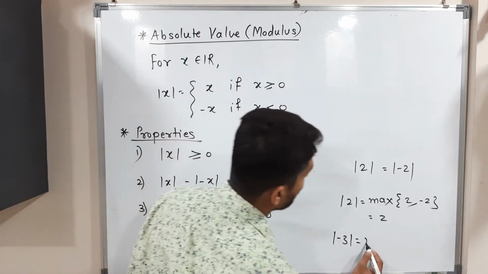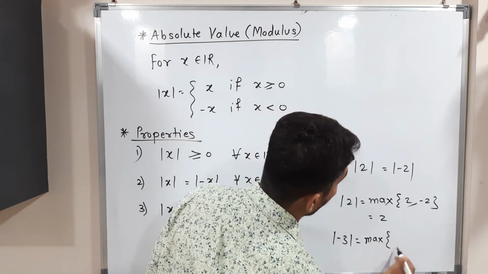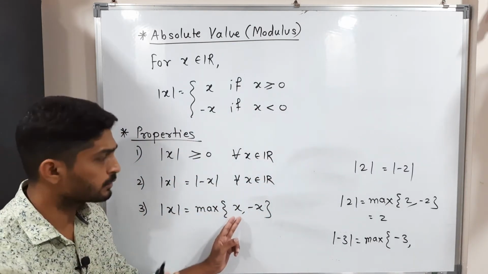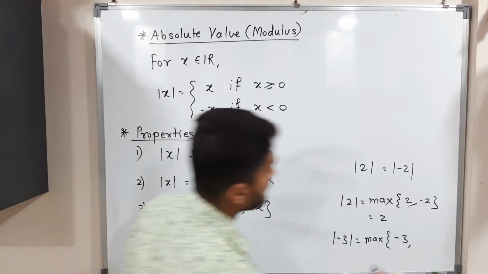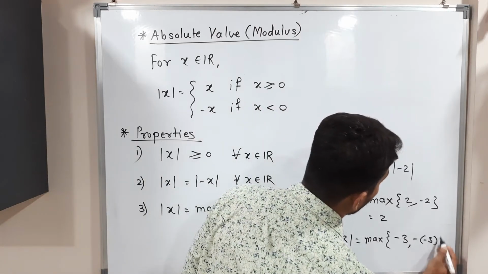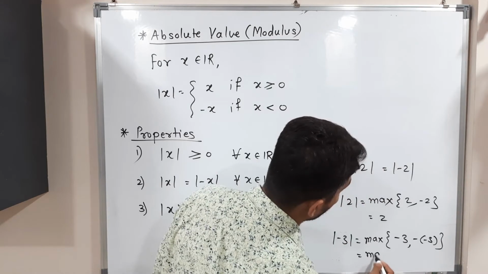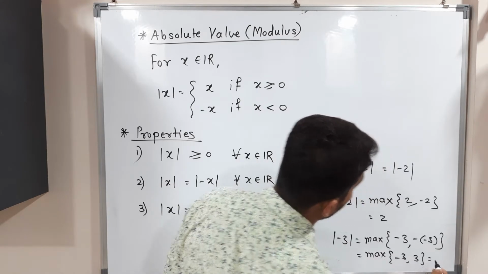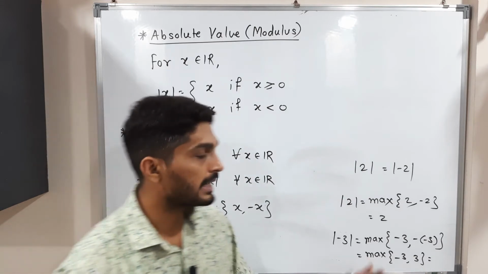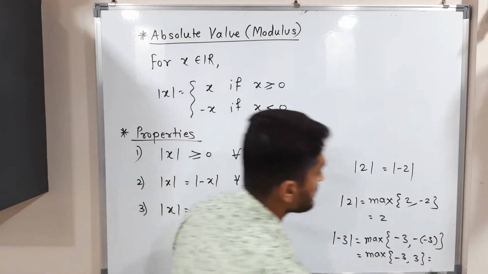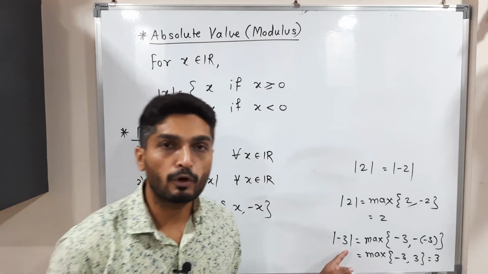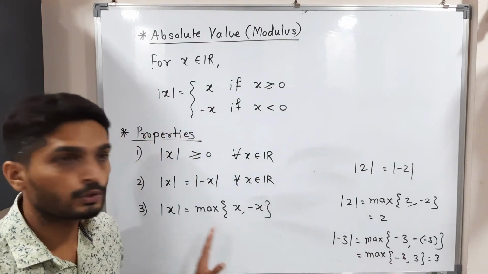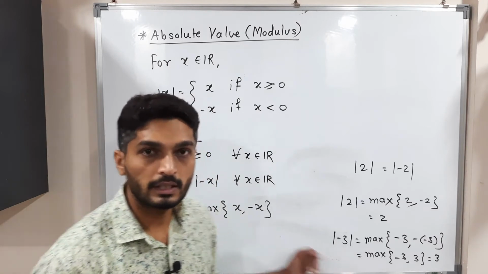Maximum of minus 3, whatever the x is we write it there, and minus x, that means minus of minus 3. Minus minus plus, so you will have maximum of minus 3 and 3, which is obviously 3. So we are getting mod of minus 3 is 3 again. So this is also true, and using this example we have seen it is true.